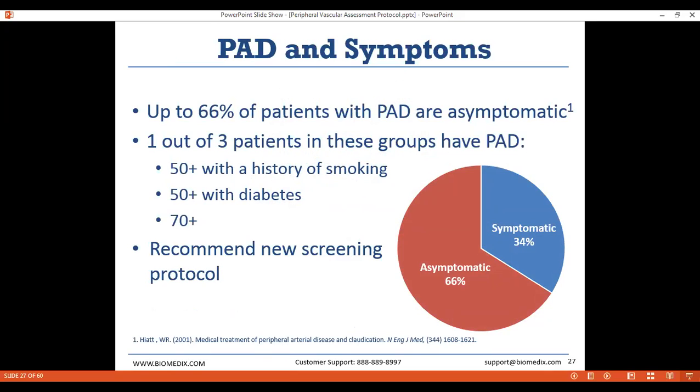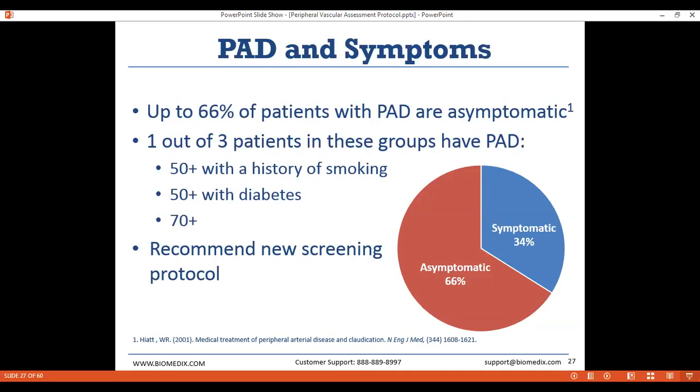What does that mean? That might mean that they don't have any symptoms at all. That's actually not uncommon for patients suffering from PAD, to simply have no symptoms of the disease.